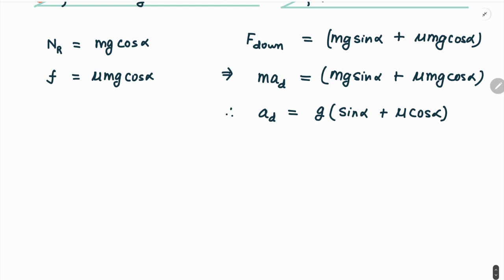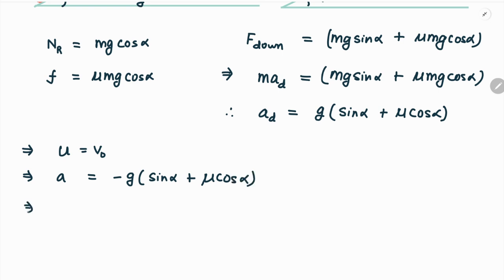Now the initial velocity that is given to us, u, is equal to v0. The acceleration we can write, in terms of acceleration, as minus g times sin alpha plus mu cos alpha, and the final velocity must become 0 as it covers a displacement s.